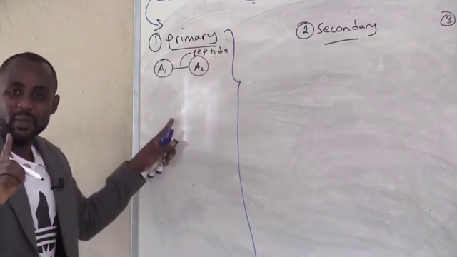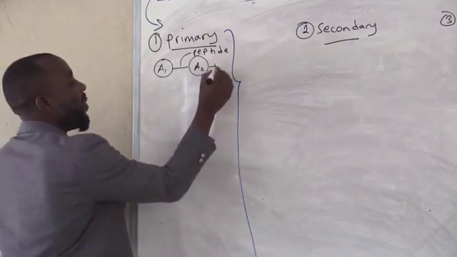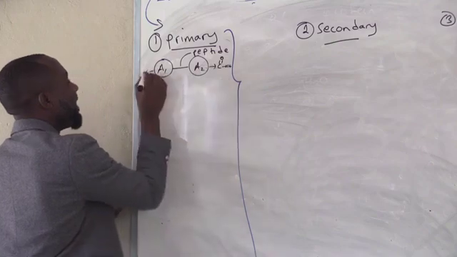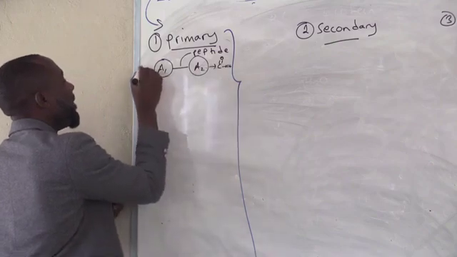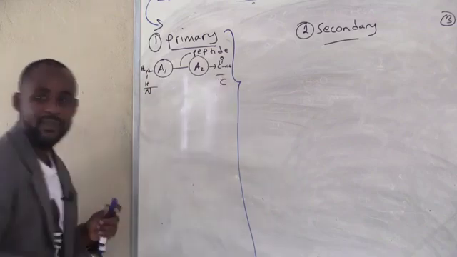And from my previous explanation, you should remember that the end is always a carboxyl and the beginning is always the amino, the N-terminal and the C-terminal.